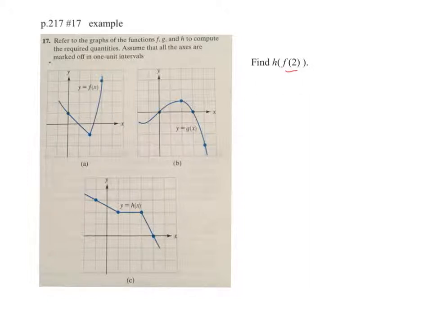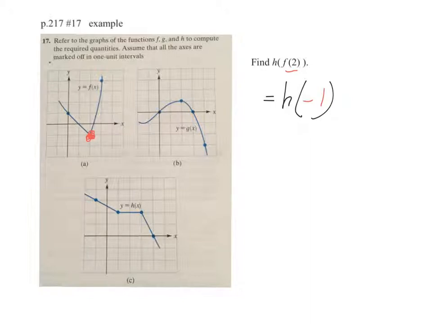There's no function to substitute this into, so instead we're going to use its basic notation. f of 2 is referring to the corresponding y-coordinate when x equals 2 on the f graph. That's the dot that you see right here. Its y-coordinate is -1. So it's replaced with its function value.